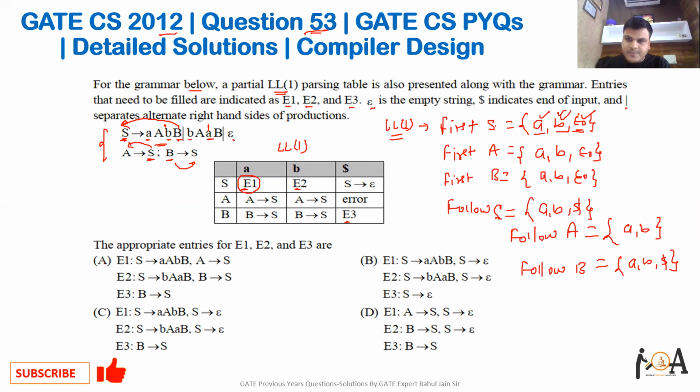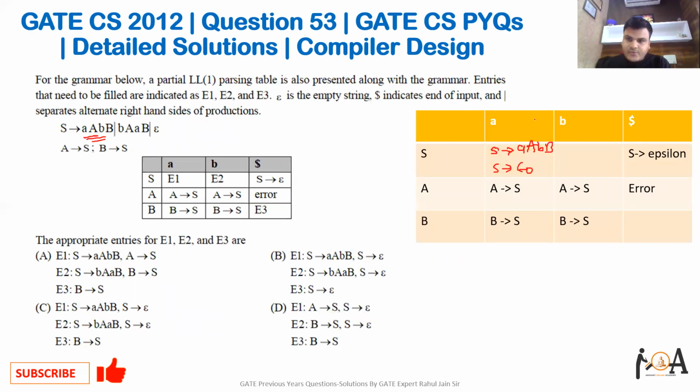On the transition place of B, I will put this grammar. So here I will put S derives B, A, B, and S derives epsilon will always be there because the epsilon relation will occur on every block of the table.